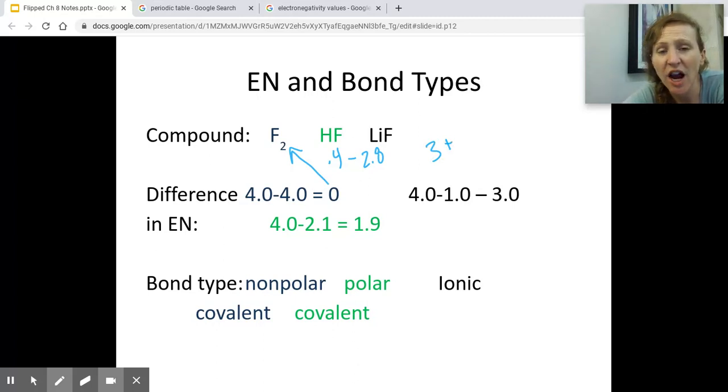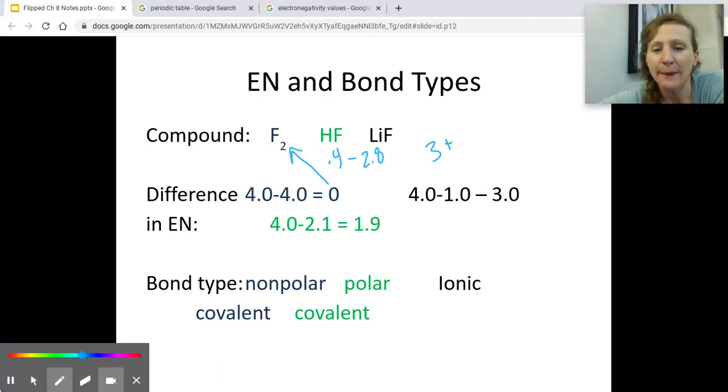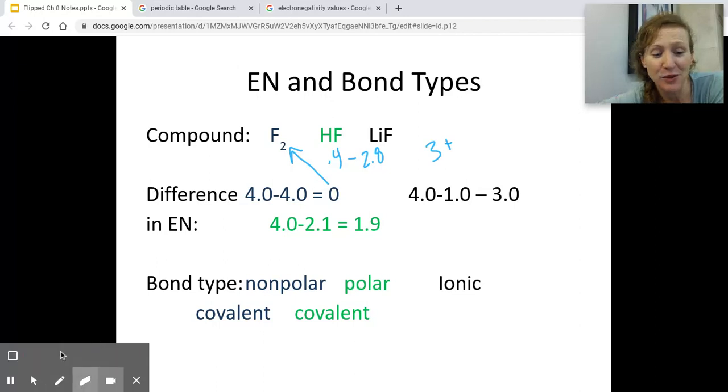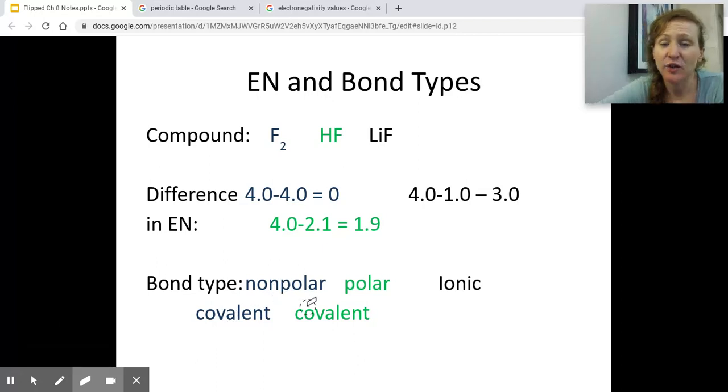So there are actual definitions and cutoff points. You can look them up. It's not super important that you have these numbers memorized. You may have them memorized still from chemistry. But even in industry, these things overlap.